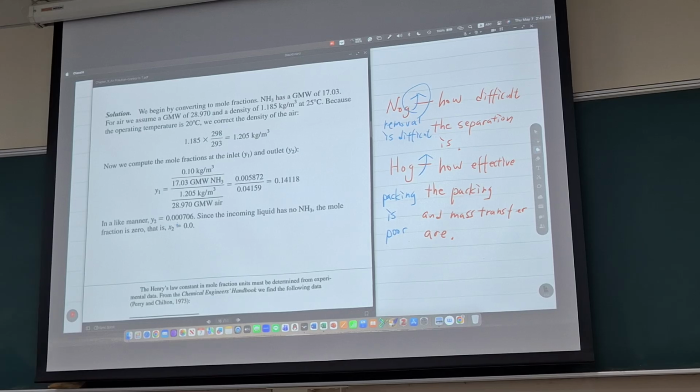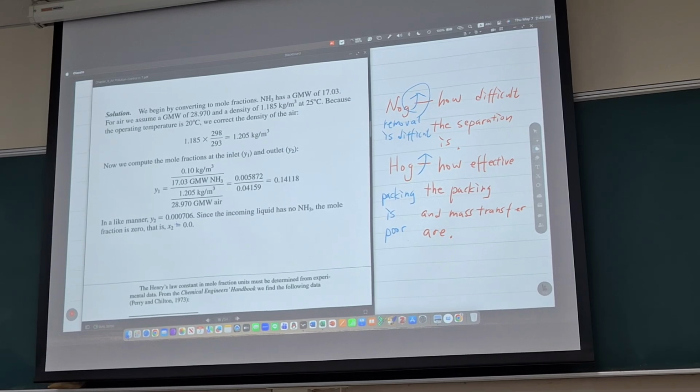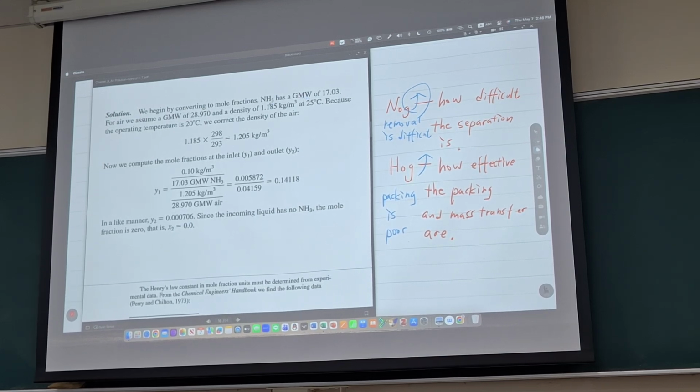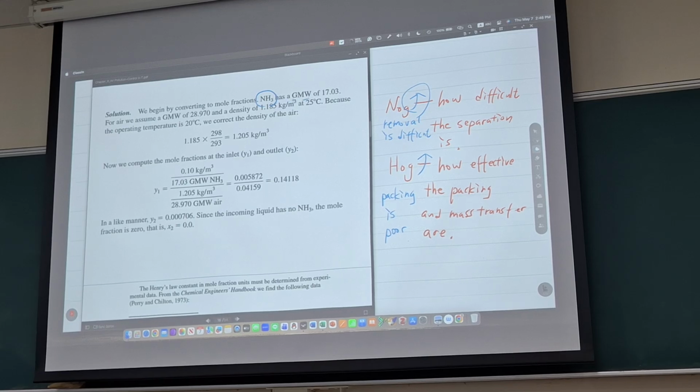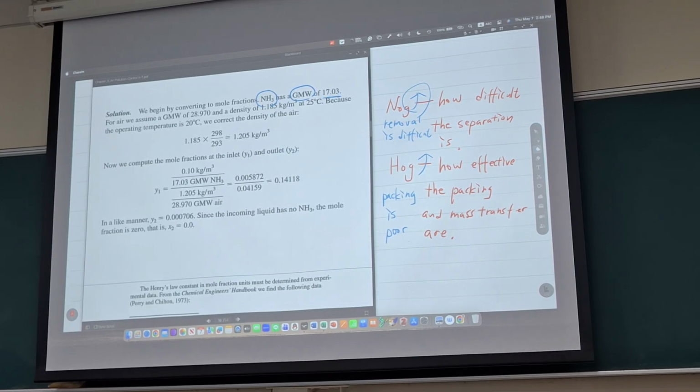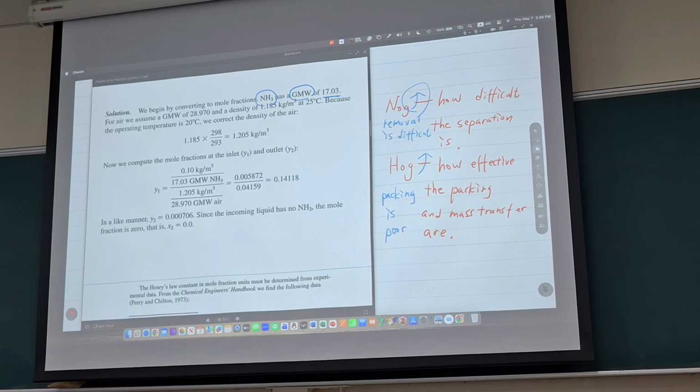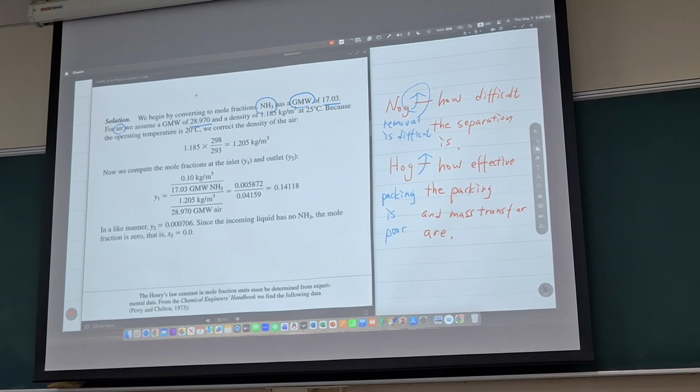First off, let's find out the molecular weight of ammonia. Molecular weight of ammonia is around 17, and air is around 28.9. How to calculate this?